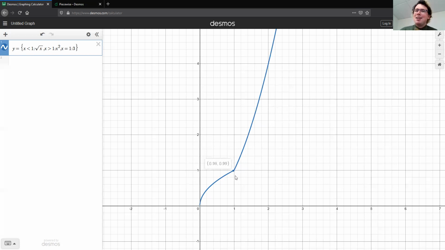It's just not equal to the value of the function, which is kind of a strange thing going on, but then again, it's kind of a strange function that I'm asking about.